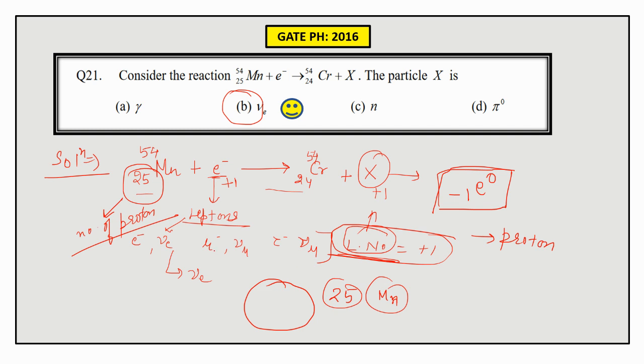So this will be balanced. Like if I write this equation: 54 plus minus 1, 0, 24 chromium, 24. This is how we generally denote it. So like 25 minus 1 is 24.